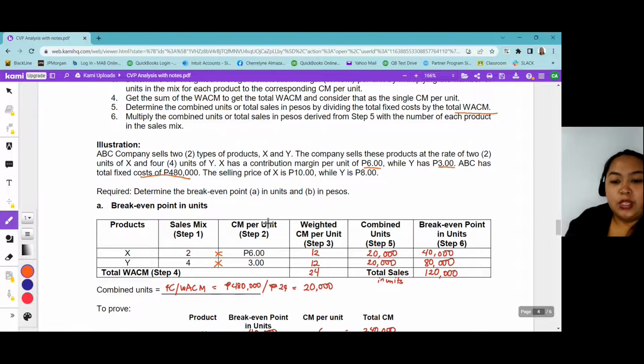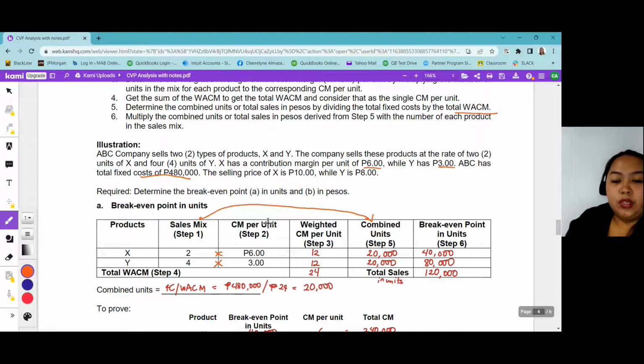And then, ilatag mo si 20,000 dito, ilatag mo si 20,000 dito. And then, you multiply the combined units or total sales in pesos derived from step 5 with the number of each product in the sales mix. So, ano ba yung number of product in the sales mix natin? Ito, i-multiply natin dito. Okay?